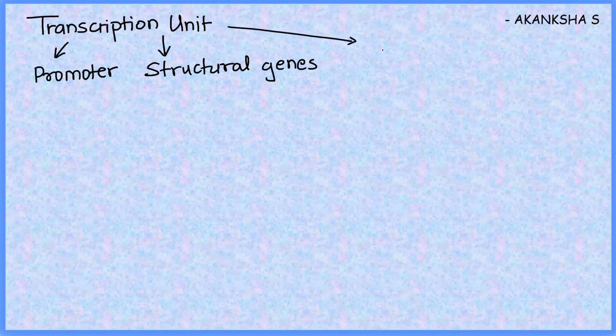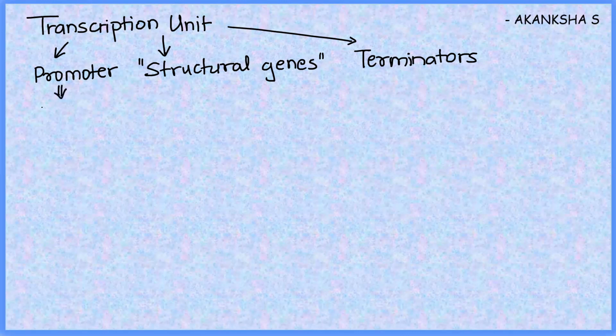And finally, there are terminators. So the ones that give rise to the actual genes or actual proteins in our body are nothing but structural genes. So they are important. Promoters and terminators help us locate and terminate the transcription of the genes. Okay, they are like the start and end signal.